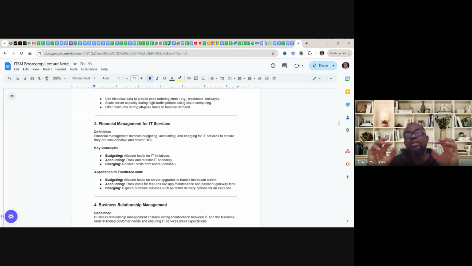As a service manager, when you are making a budget, because in every company what you get in your department is based on what you itemize as your need, it's good to have good budgeting in order to have enough to cater for your IT needs. So, like we say here, allocate funds for server upgrade.